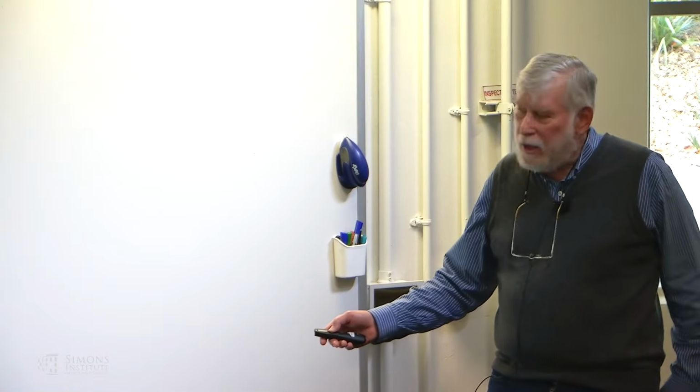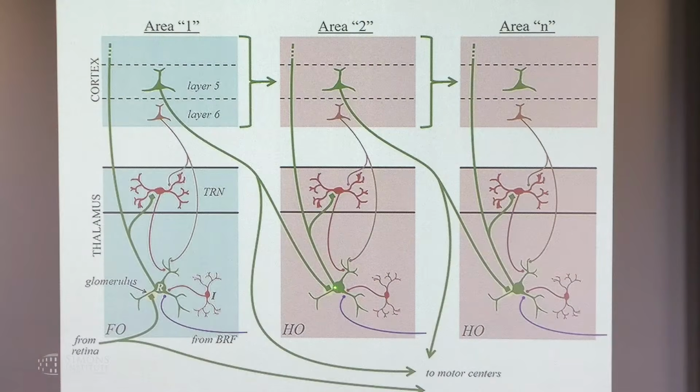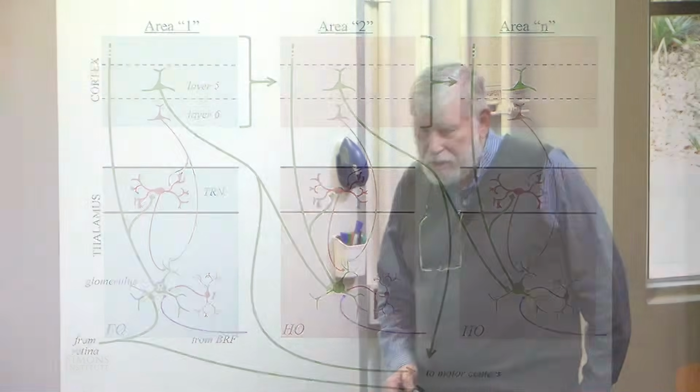That's one possibility. The other is that these cells may be integrating input from layer 5 of multiple areas. That would be a different kind of role that we don't see for LGN. That's a possibility. That was one of the questions being asked, whether that sort of integration occurs in structures like Pulvinar. I think it's still an open question.